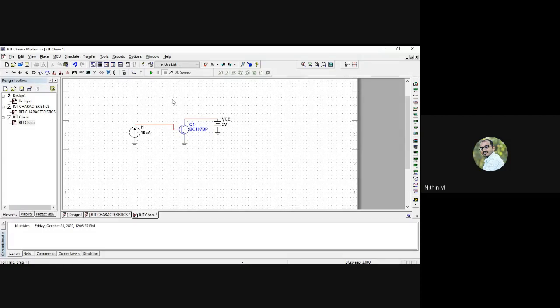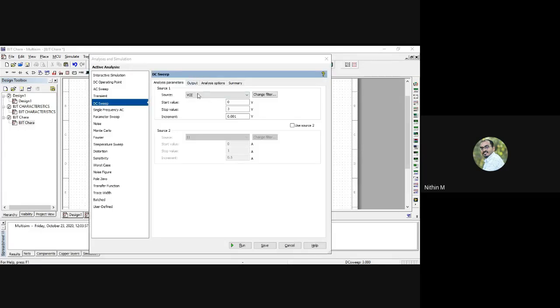To do that, I'm clicking on the DC sweep analysis. DC sweep is nothing but sweeping or varying a voltage on the x-axis and getting some response, most of the time a current on the y-axis.